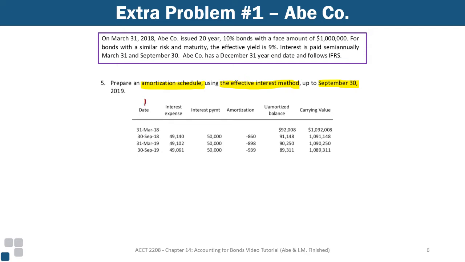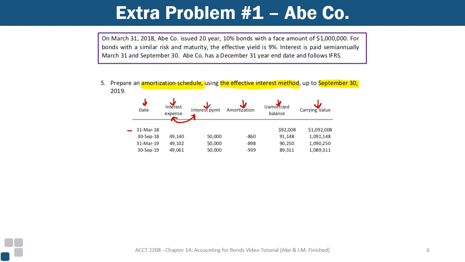You have a column for the date. You can have a column for the interest expense, one for the payment. Sometimes you'll see that these two columns can be interchanged. I usually put the interest payment first, then the interest expense. Then you have a column for the amortization, then the unamortized balance of the premium, and then the carrying value of the bond.